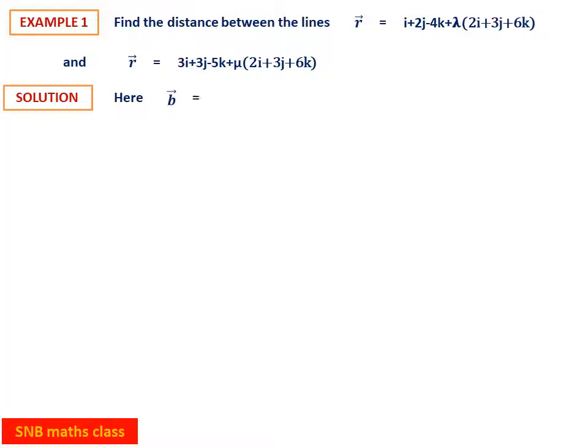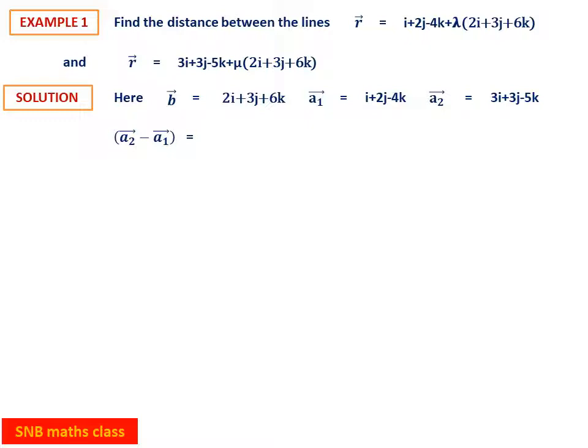Now here B is 2i plus 3j plus 6k, and A1 is i plus 2j minus 4k and A2 is 3i plus 3j minus 5k. I'm sorry, there is a change here.